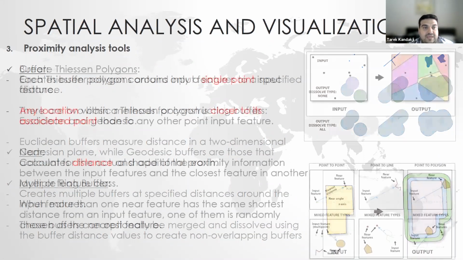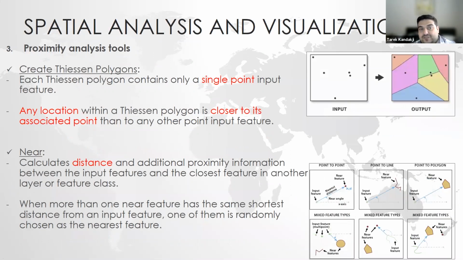The other type of proximity analysis is Thiessen polygons. Thiessen polygons are very important analysis tools. Let's say you have a map with points, and let's assume these points are firefighting stations, where the firefighters go to put out fires.